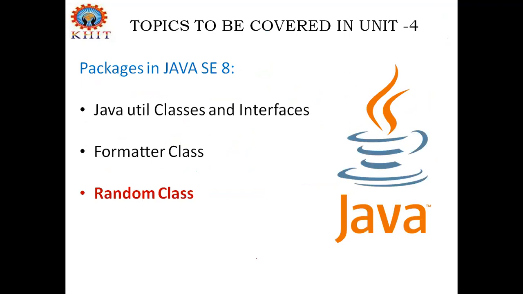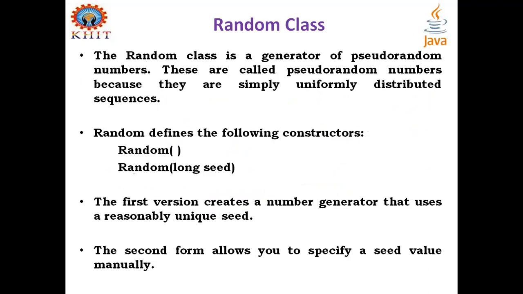So next one, the Random class. It is also one of the built-in classes available in this java.util package, and this class is a generator of pseudo random numbers. We can generate random numbers.